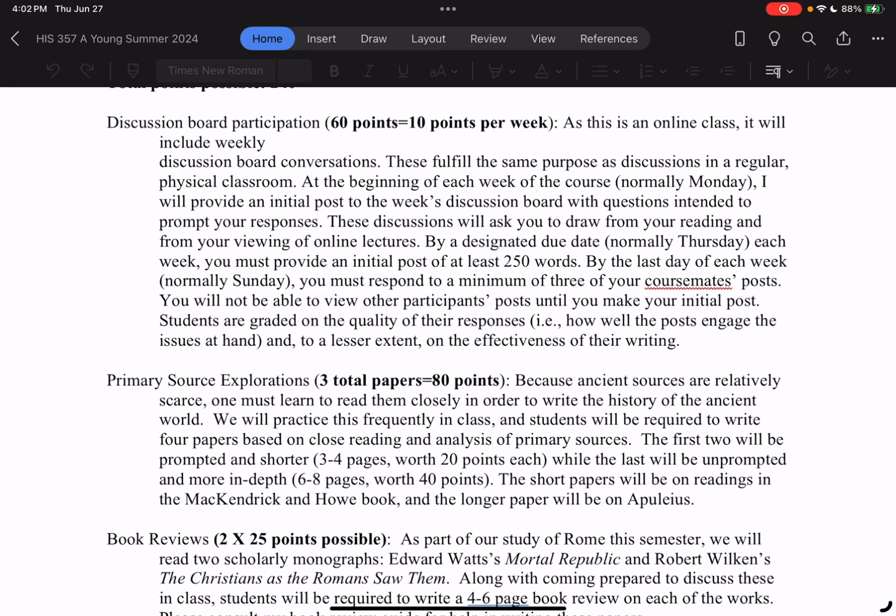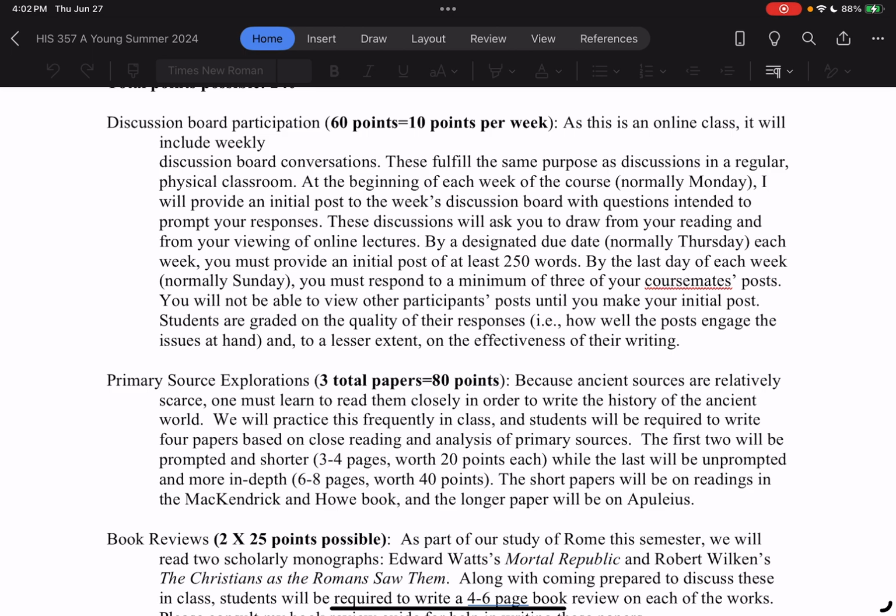These need to push the conversation forward or ask questions that arise as the conversation is going on. So make sure that you're taking these things seriously. It would be good to make more than 3 posts; I look favorably on that, so to speak.